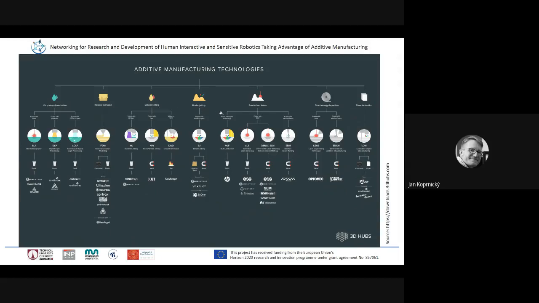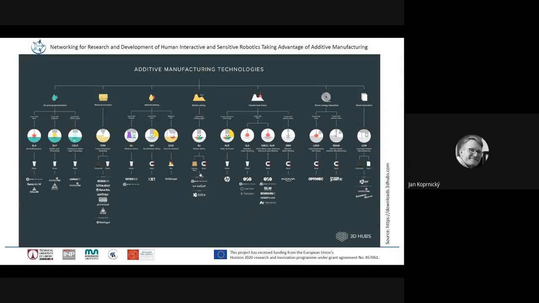But I would like to use this picture to apply this kind of categorization to 3D printers used for construction. They could be all these printers. They use mainly plastic or metal or some plastic powders.